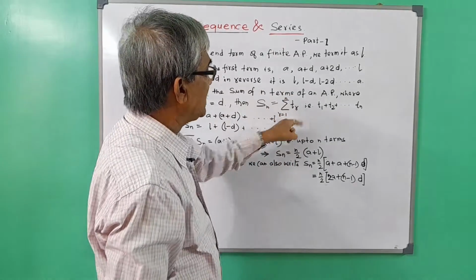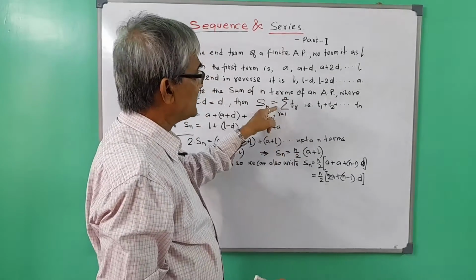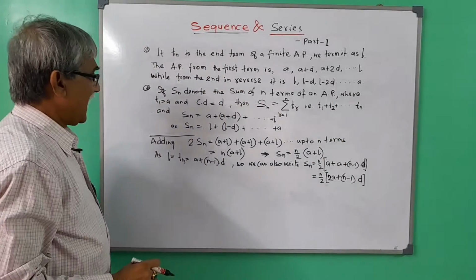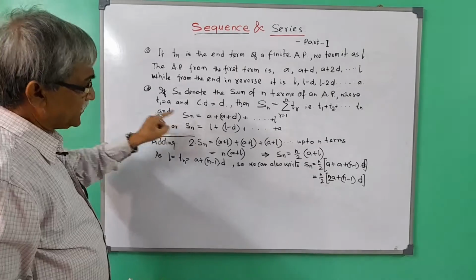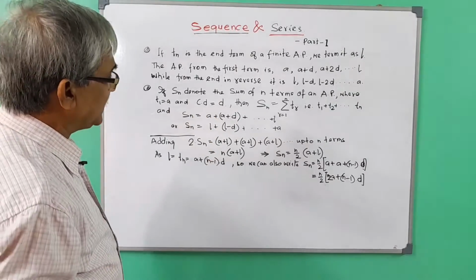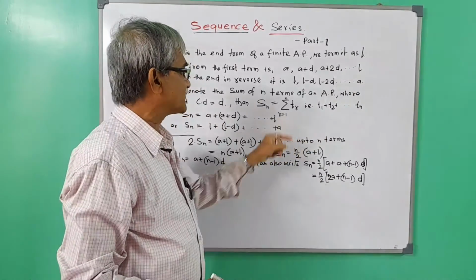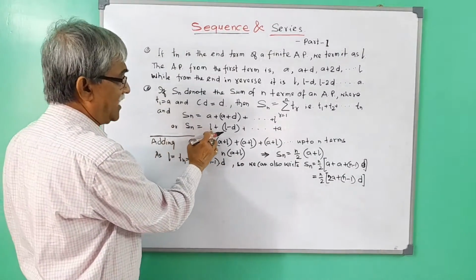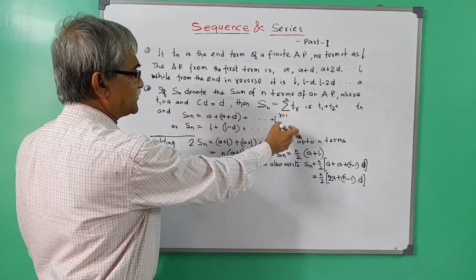That is, if you place r equals 1, this is T1, plus T2, plus T3, and so on up to Tn. And Sn this way comes a plus a plus d plus dot dot dot up to the last term l. So in the reverse fashion, Sn equals l plus l minus d plus so on up to the first term a.